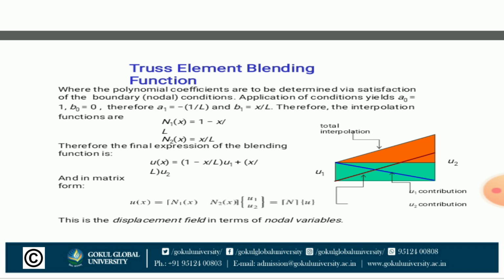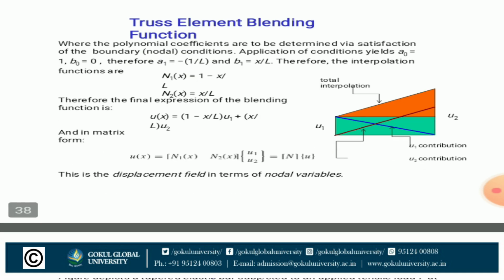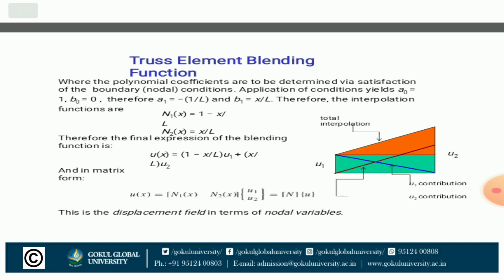So for the linear displacement, by using the shape function equation, u(x) is equal to (1 minus x divided by L) into u1 plus (x by L) into u2, and in matrix form, establishing this equation as u(x) equals N1(x), N2(x) times u1, u2.